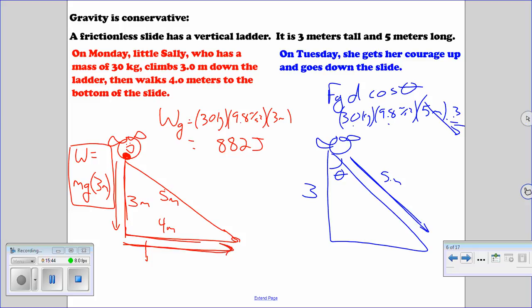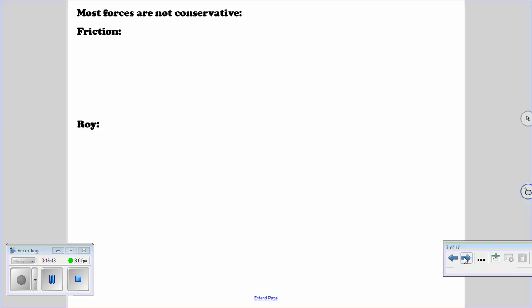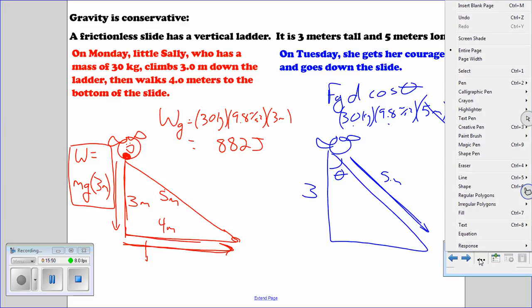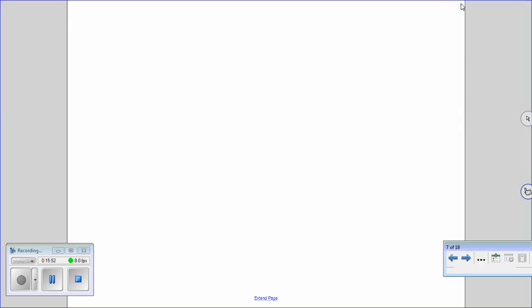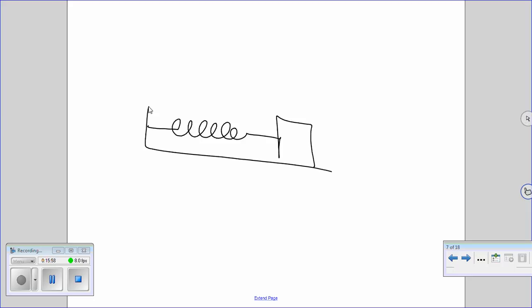Which means that it's a conservative force, all right? And it turns out similarly that if you've got a spring with a box on it, and you take the spring and squish it and move the box to here, you will have done some amount of work.